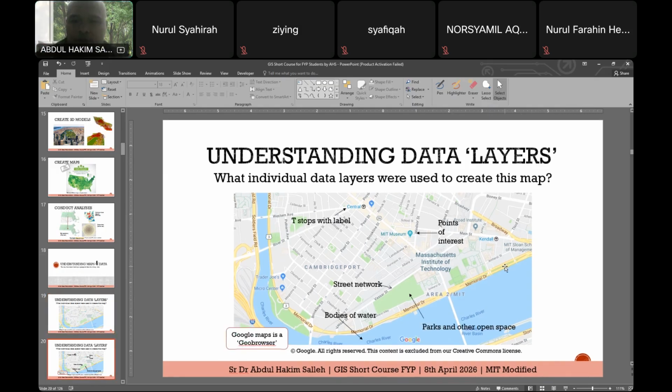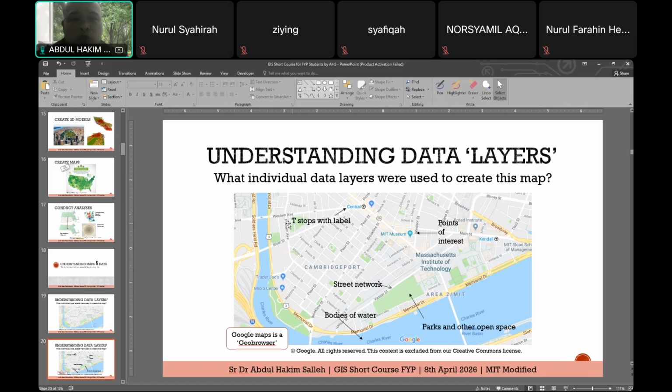So let's take a look. You can extract point of interest, for example, over here, this MIT museum. Other than that, you can also extract any point of interest in this area. You can make it as a single layer, the theme data.